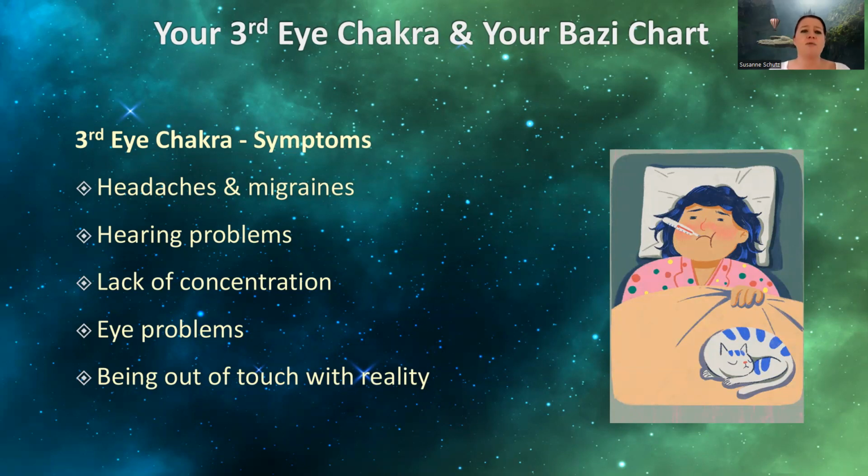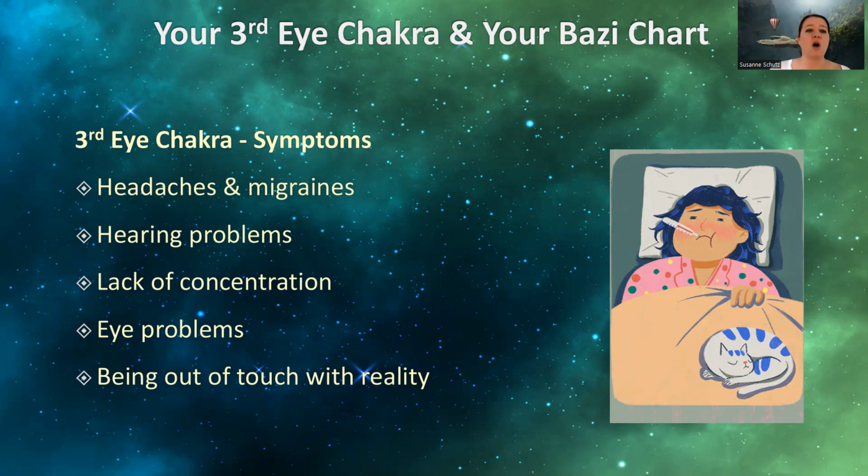So headaches and migraines are something that can really negatively impact your life and your ability to function. And this can be the result or a symptom of a third eye chakra block, because once you get these headaches and these migraines, you're really not able to think anymore. Even thinking hurts.